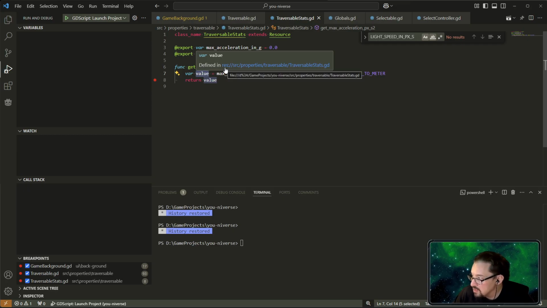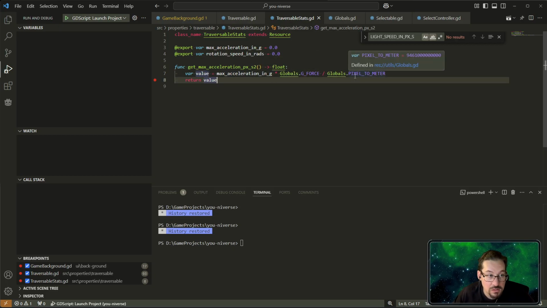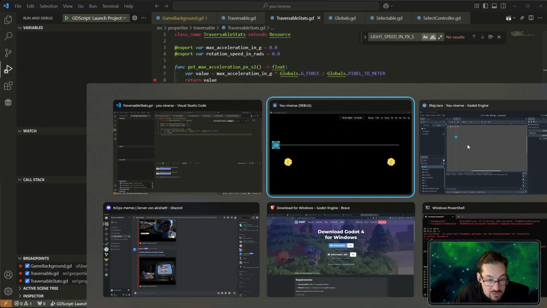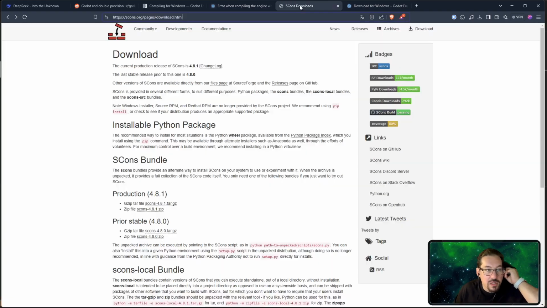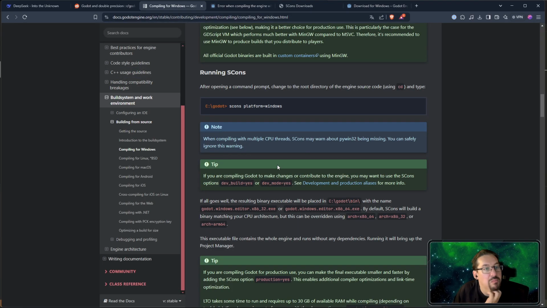It's a 32-bit floating point, and I need 64-bit floating point precision. What I found out is that apparently you can compile Godot.exe with a precision mode of double, so it's actually using 64 bits.